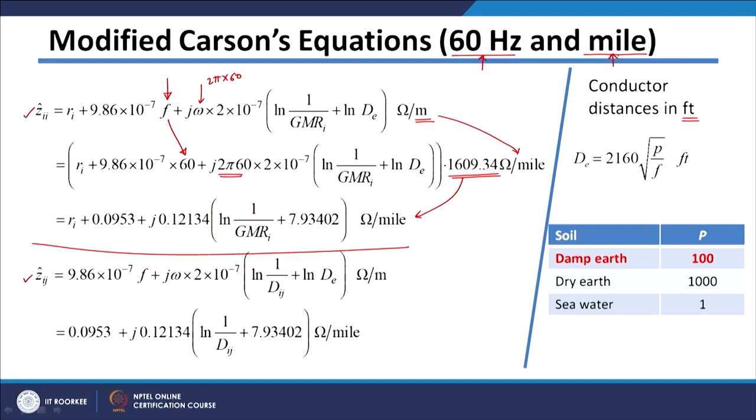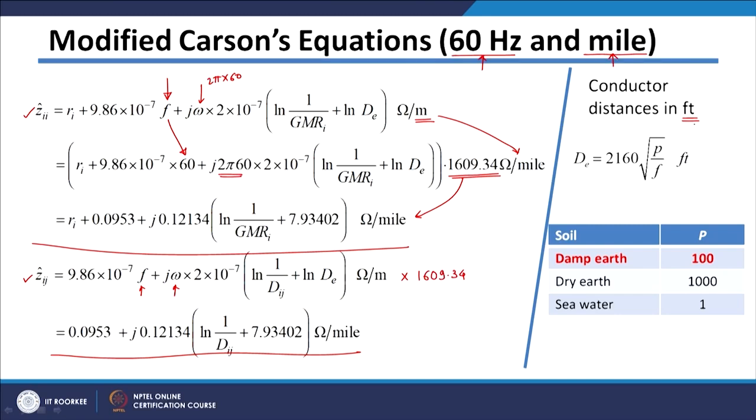So, ohm per mile. Similarly, the mutual impedance between the conductors will be calculated by putting the frequency in these two terms and multiplying by 1609.34 to convert into miles. So, I will get this expression here, which will give me the mutual impedance between the conductors.